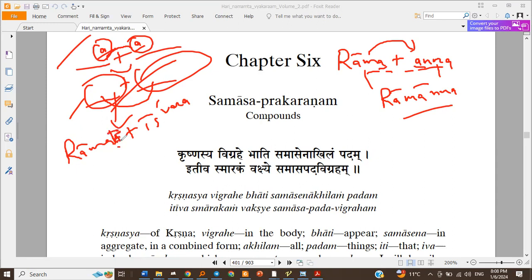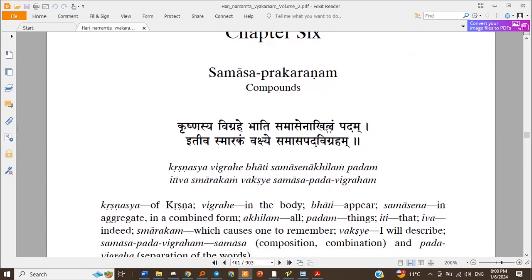So we remove the Vibhakti, merge them and do the Sandhi and we get Rameshwara. So while doing Samasa, if there is a scope of doing Sandhi, then we do apply Sandhi. Samasa deals with words, not with letters.